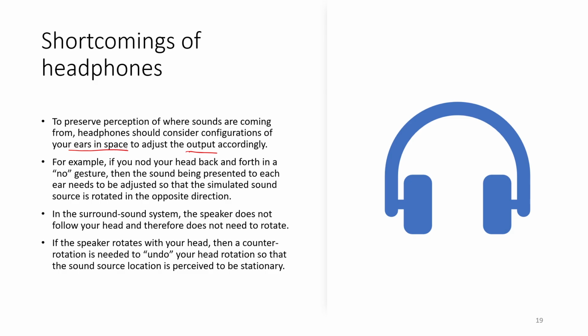For example, if you shake your head back and forth in a no gesture, then the sound being presented to each ear needs to be adjusted so that the simulated sound is rotated in the opposite direction. In the surround sound system, the speaker does not follow your head and therefore does not need to rotate. If the speaker rotates with your head, then a counter rotation is needed to undo your head rotation, so that the sound source location is perceived to be stationary.